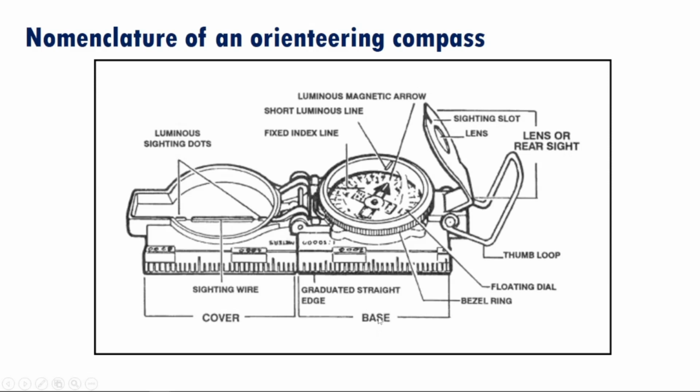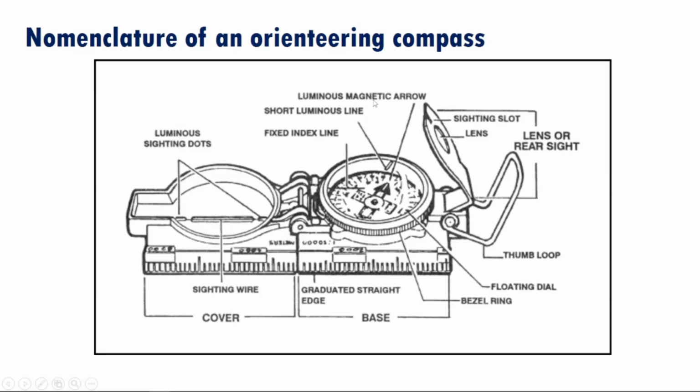And then you have the base, which always houses the graduated straight edge. It has the graduated straight edge, and it houses what we call the short lines or the fixed index lines.